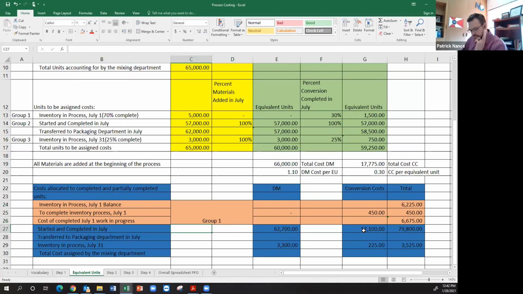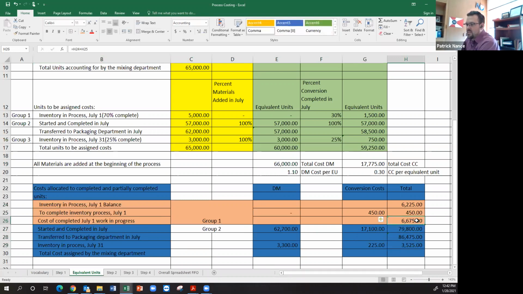The next one would be my group 2 cost, started and completed, of 79.8. So this column here would be my group 2 of 79.8. Now I can add those 2 together to get how much was transferred to the packaging department.